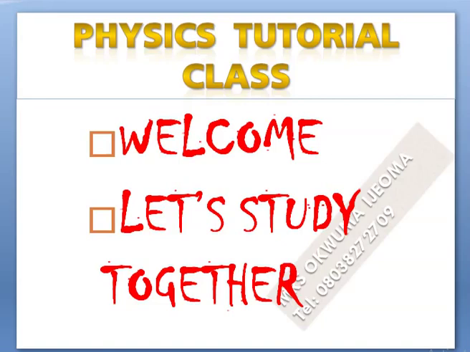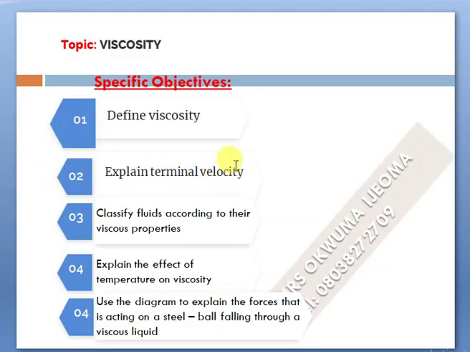Now today we want to look at viscosity. Let's say it, viscosity again. Now we go to our specific objectives. By the end of the lesson, students should be able to, number 1, define viscosity. Number 2, explain terminal velocity.